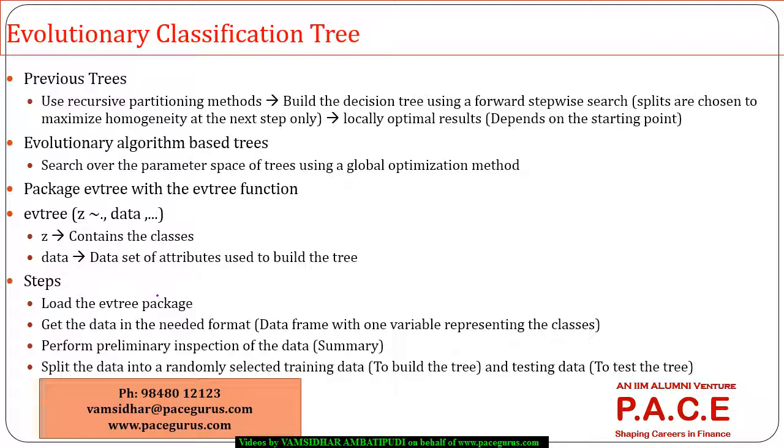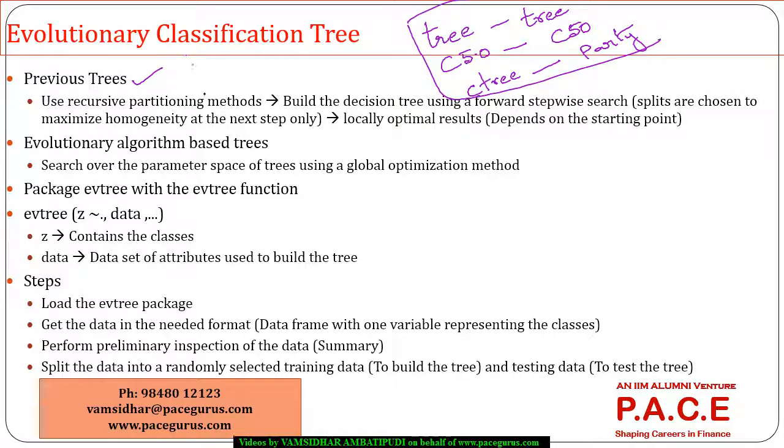So something different regarding the evolutionary classification tree is, if you look at the three previous trees that we have considered, whether it is the tree algorithm from the tree package, the C5.0 algorithm from the C50 package, or the ctree algorithm, conditional inference classification tree algorithm from the party package, whatever the three algorithms that we have looked at, they are splitting the tree based on the recursive partitioning method.